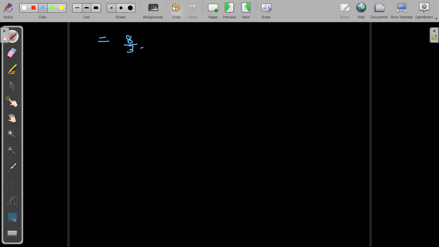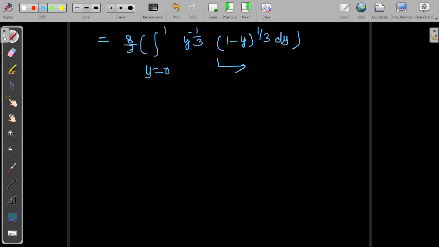So integral y from 0 to 1, y power minus 1 by 3, because 1 by 3 minus 2 by 3 is minus 1 by 3, 1 minus y power plus 1 by 3, again we have dy. After that, now we need to express this total integrand, only this portion, like a beta function definition format.